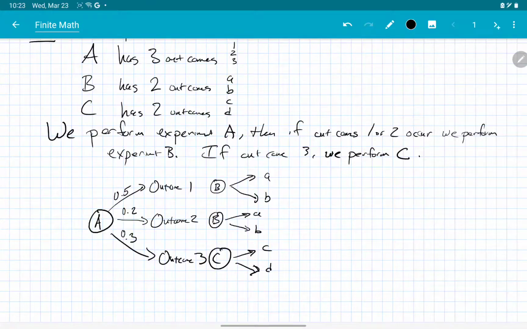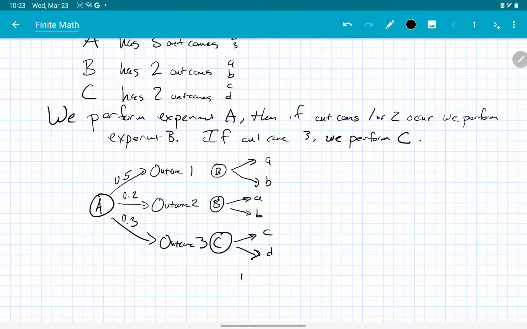And then as we move down the tree, what we record next are not just raw probabilities, but the probability of the outcome based on, conditioned on 1, 2, or 3. So this will be 0.4, 0.6, 0.4, 0.6. In fact, let's change this to make this very clear: 0.5, 0.5, 0.7, and 0.3.